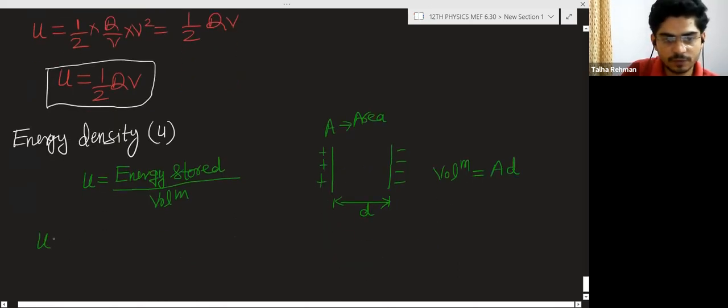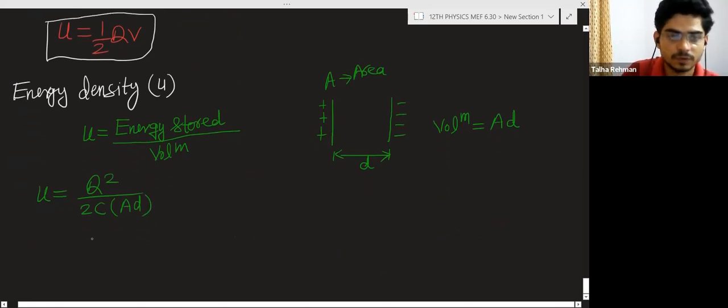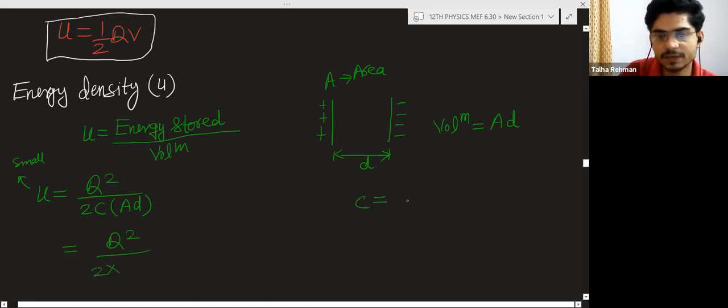So we have the formula of energy, Q square by 2C, which I discussed earlier, and for the volume, I will write AD. So this is small u. From here I can write Q square over 2, and what is the capacitance of a parallel plate capacitor when air is between the plates?